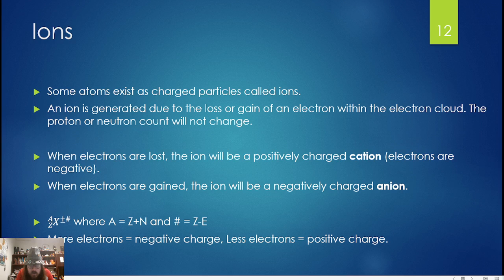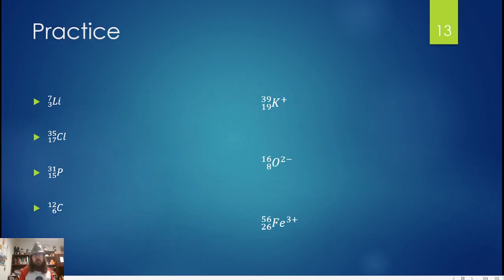If there are more electrons, we have a larger E, and thus the difference gives you a negative number. If we have fewer electrons, the Z is larger, and we get a positive charge. And if they're the same, they cancel out, and you get zero charge. So we can take that into account.